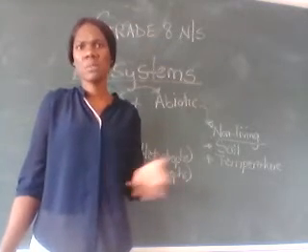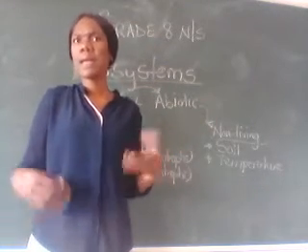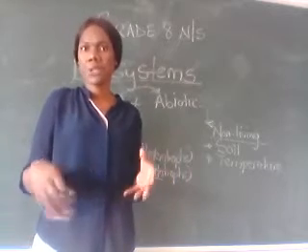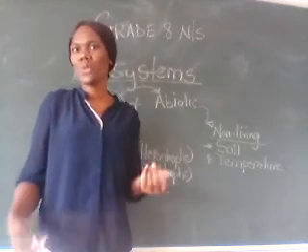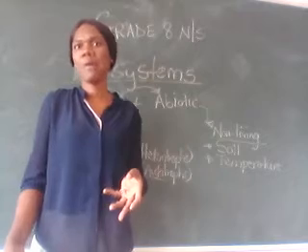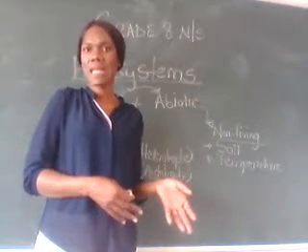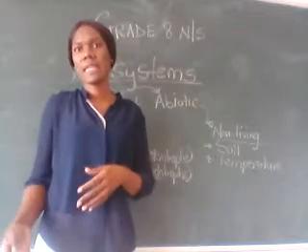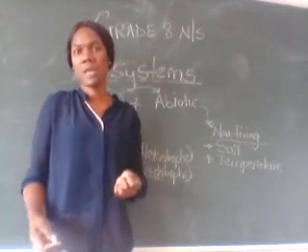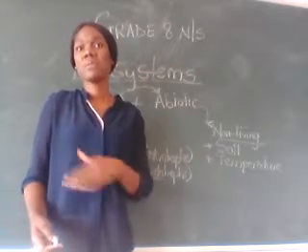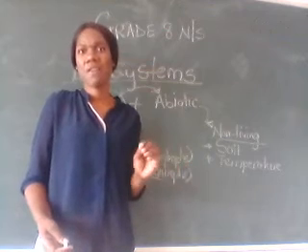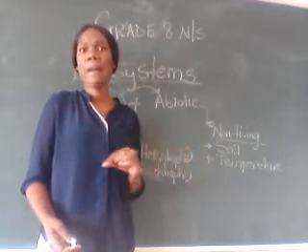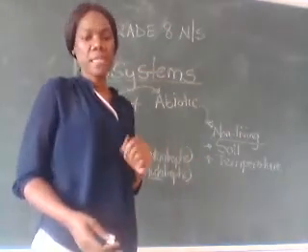So those organisms need to be left in their natural habitat. We cannot take a camel and place it in the Arctic, or take a polar bear and place it in a desert. Otherwise, they will not be able to survive. So organisms are adapted to survive a specific range of temperature.